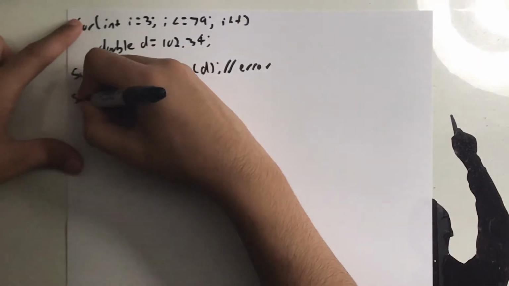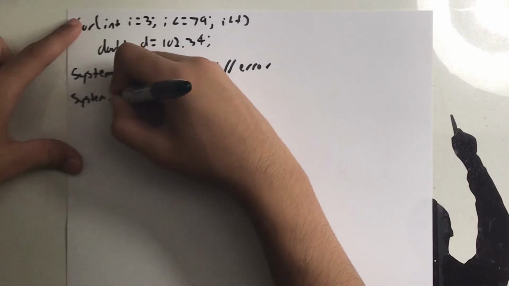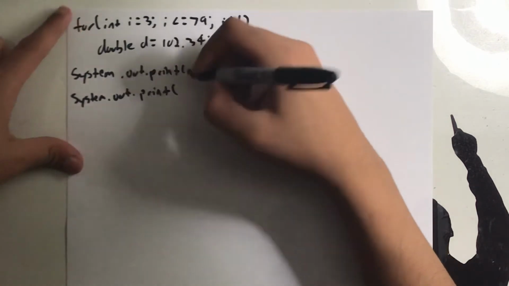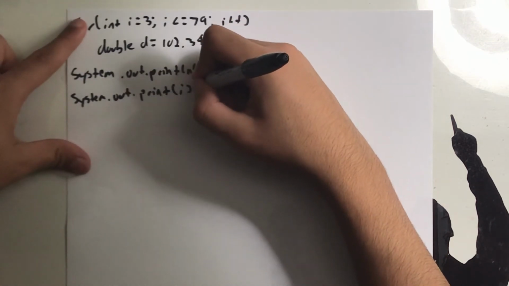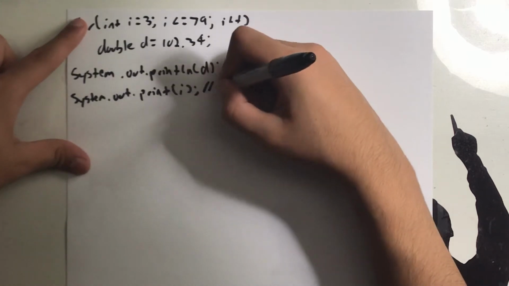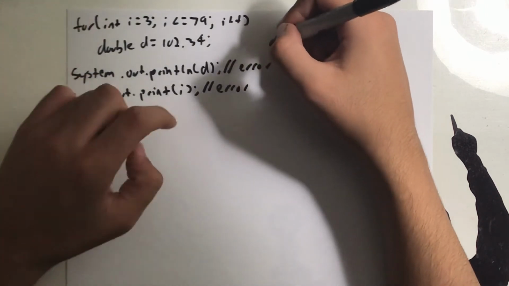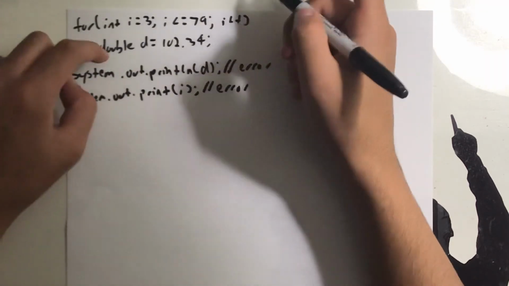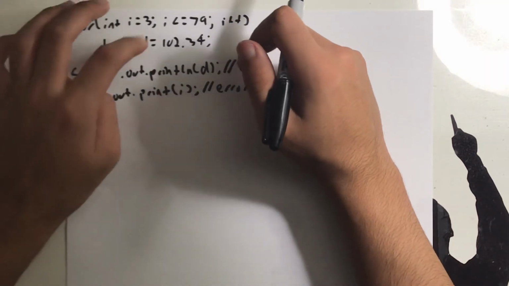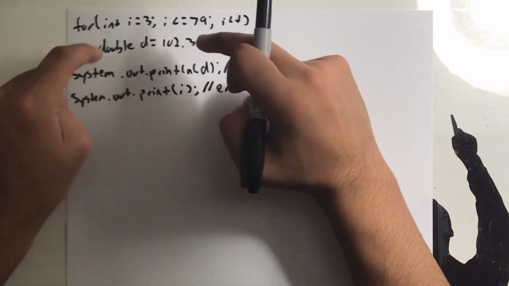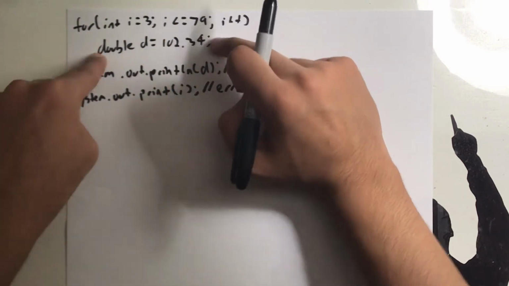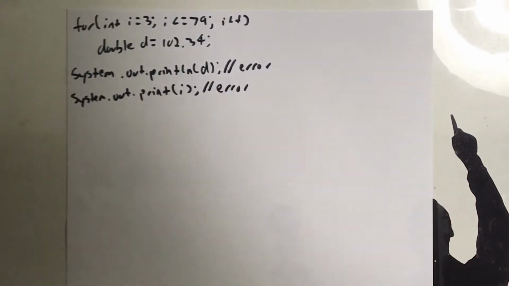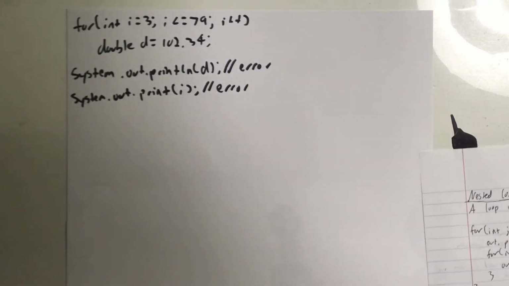And if I did System.out.print i, you're also gonna get another error because i is also in the loop. So to fix this, you should have moved double d equals 102.34 outside of the loop, and then everything would be fine.